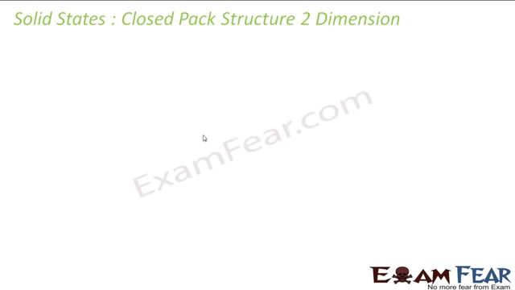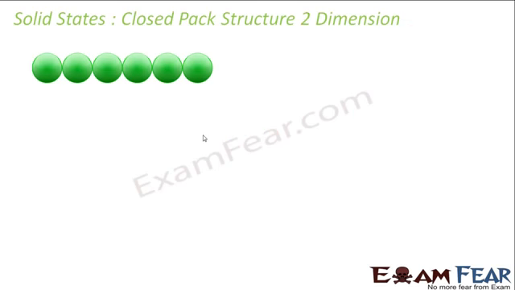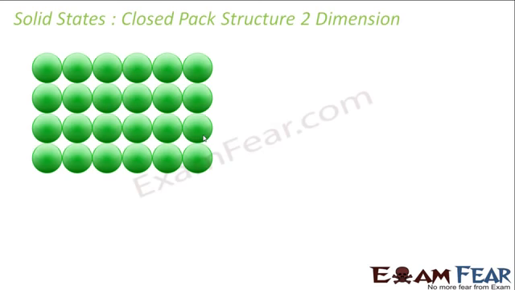Let's talk about 2 dimensional packing now. You have the 1 dimensional packing already done, so you can arrange the rows in this fashion. In this case, the second row is placed in contact with the first row, exactly above it. Here also you'll see the same pattern.